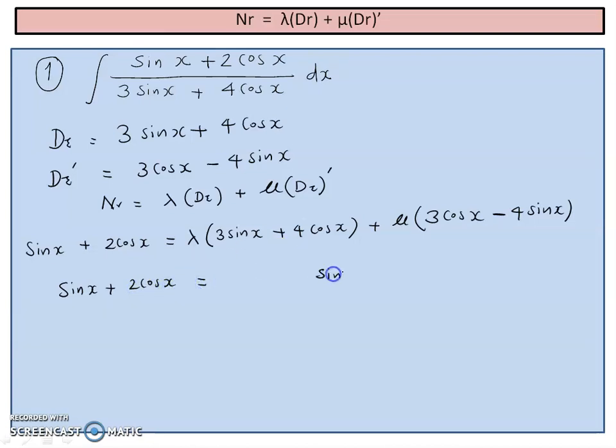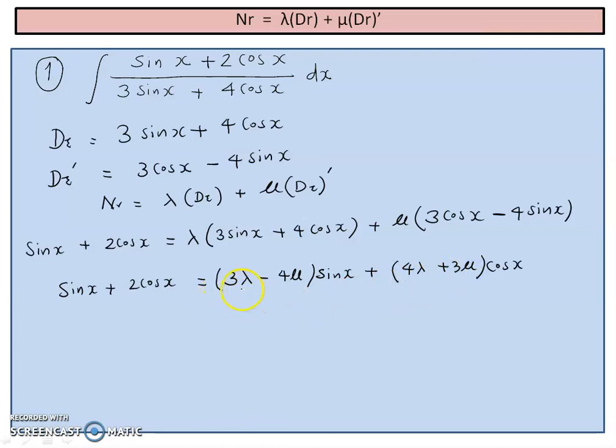Now sin x plus 2 cos x will be sin x plus, what is the coefficient of sin x? 3 lambda minus 4 mu आएगा. And what is the coefficient of cos x? 4 lambda plus 3 mu.